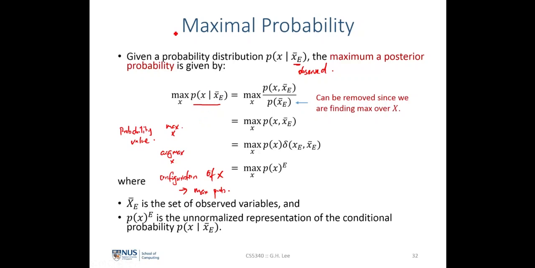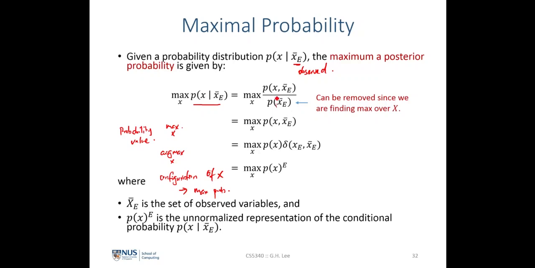So we'll look at the definition of the max value. To take a max over the conditional probability, we can simply apply the chain rule, which means that this becomes the joint probability distribution of x and xe divided by the marginal probability of xe.